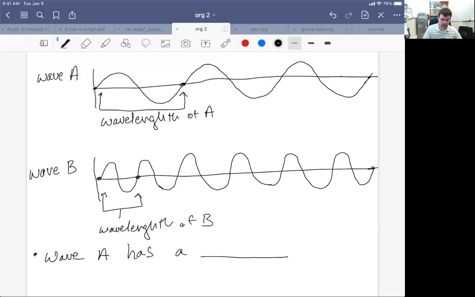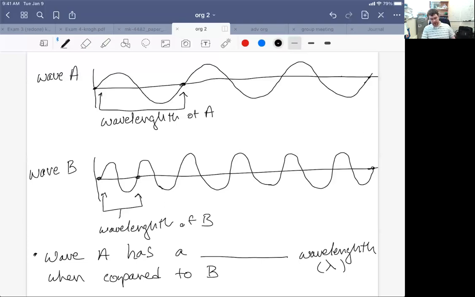What I want to do is consider a longer or shorter wavelength than that of B. Wavelength, recall, is lambda. If we look at wave A, would we say that wave A has a longer wavelength or a shorter wavelength than B? We would say longer. That distance of the yellow line is much longer in the case of wave A than in the case of wave B.